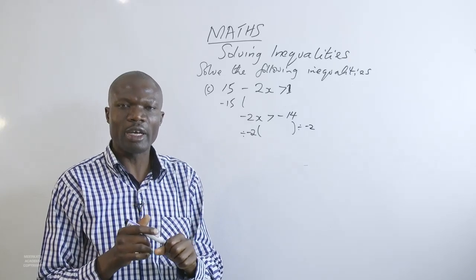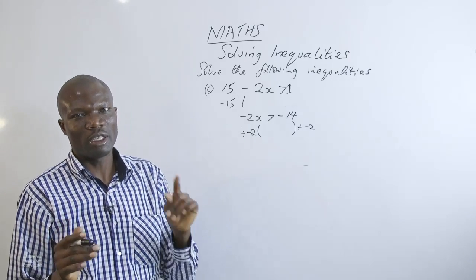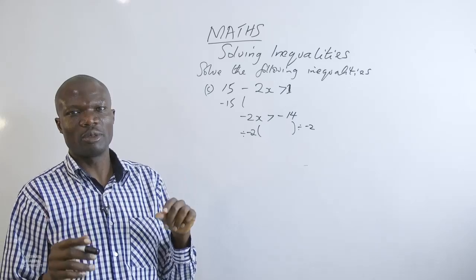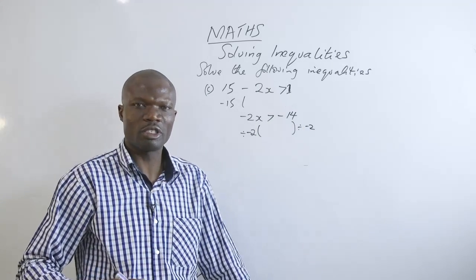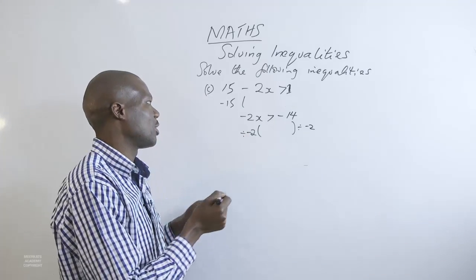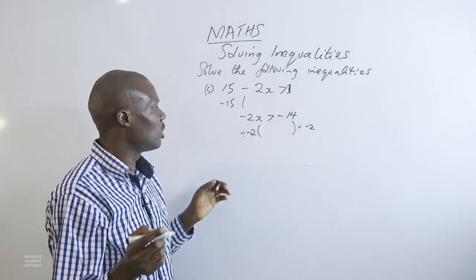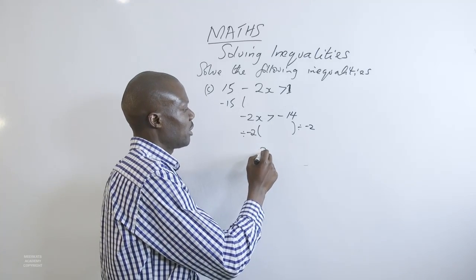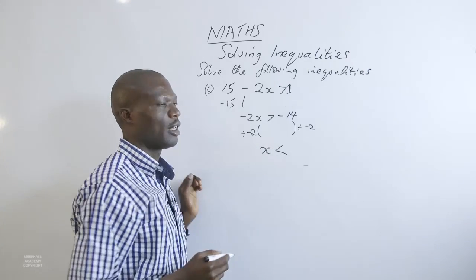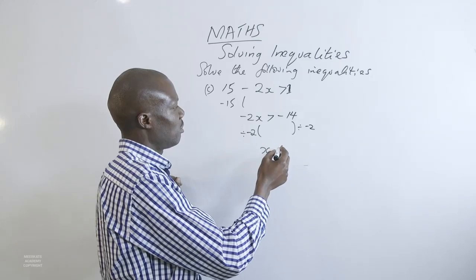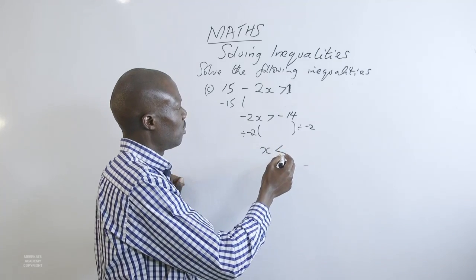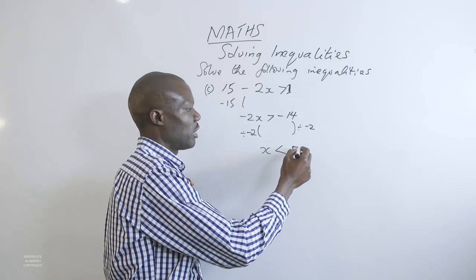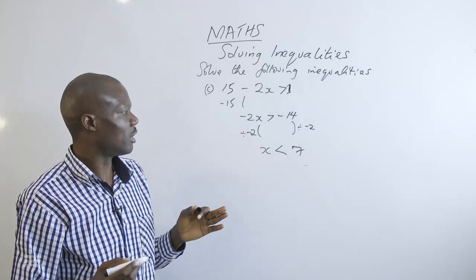Because we are dividing by a negative number, take note of the behavior of the symbol. It is supposed to change. So the inequality symbol will change. If it was facing left, it will change and face right. So minus 2 divided by minus 2 gives us a positive x, the sign will change like that, and then we shall have minus 14 divided by minus 2, which gives us 7.